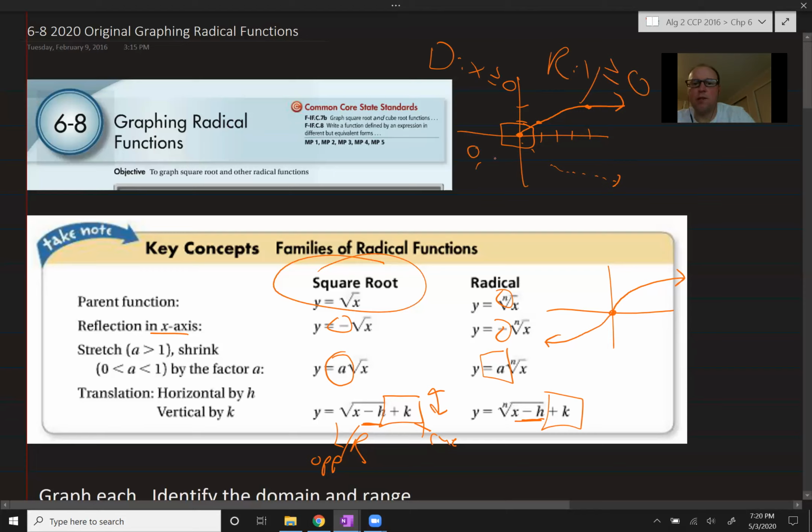But it's all based on your starting point, 0, 0 down here. Now with your cube root, the other one we're going to look at today, just to get all of it out of the way, the domain is all real numbers. Notice we're going to go left and right forever. The range, it's also going to continue up, albeit slowly, and down, so all real numbers. So those aren't going to be too bad to work with, but that's kind of the rundown.